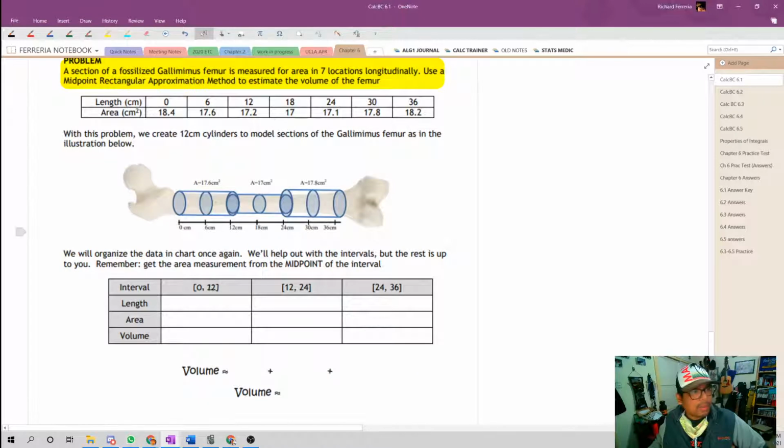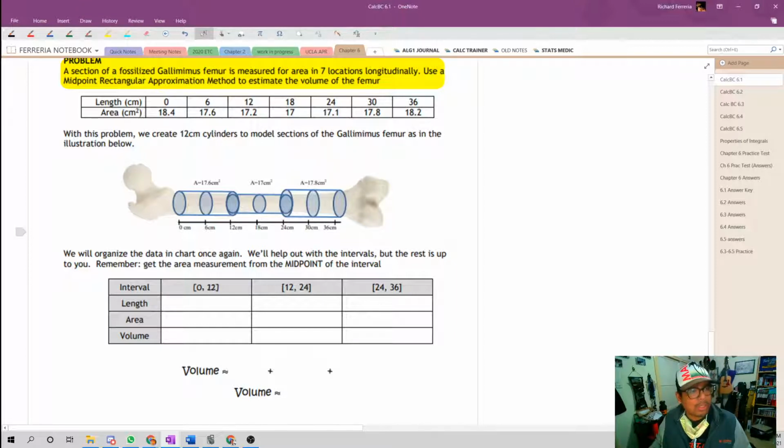So here is our table. We've got the length. This is 0 centimeters from the left, 6 centimeters from the left, 12 centimeters from the left of the femur, 18 centimeters, 24, 30, and 36. And then these are the area at those different distances from the left side of the femur.